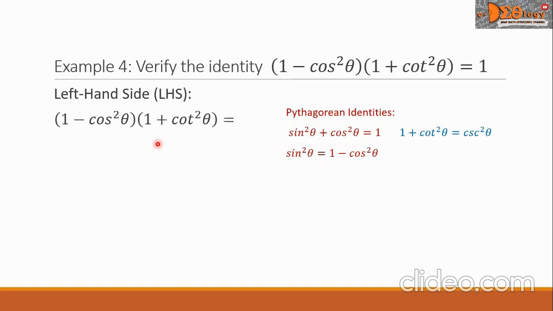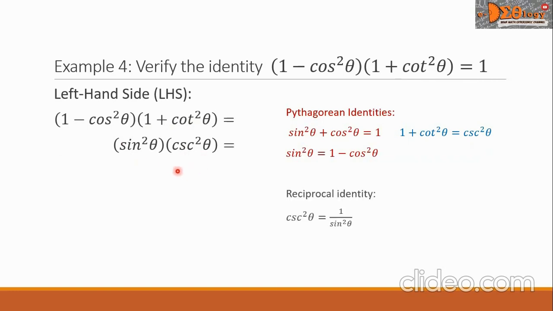It means this second group can be replaced by cosecant square theta. So let us do the substitution now. So the first group here becomes sine square theta coming from this, and the second group becomes cosecant square theta coming from this. And let us simplify further.